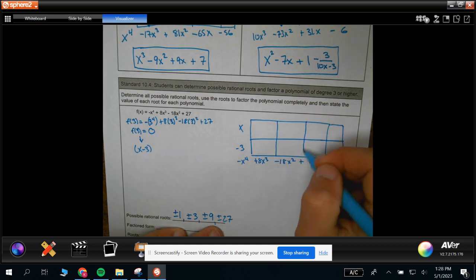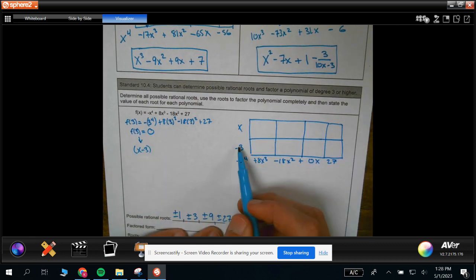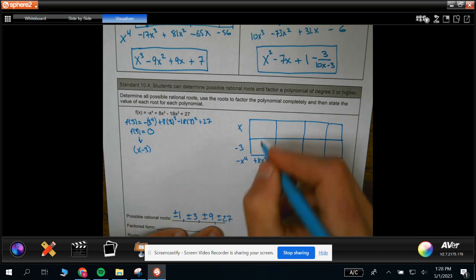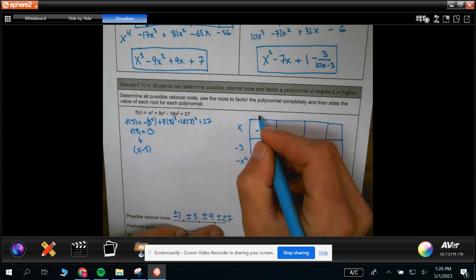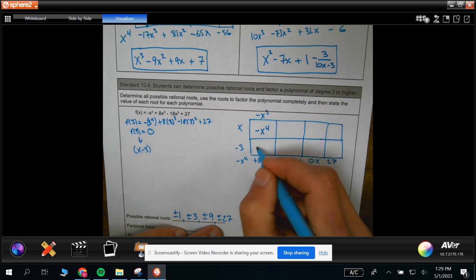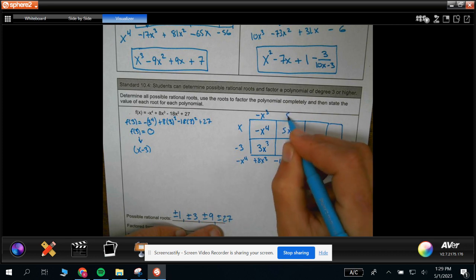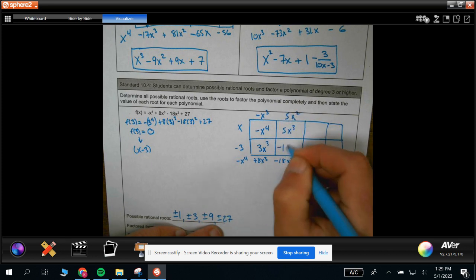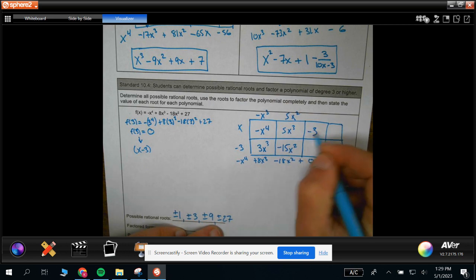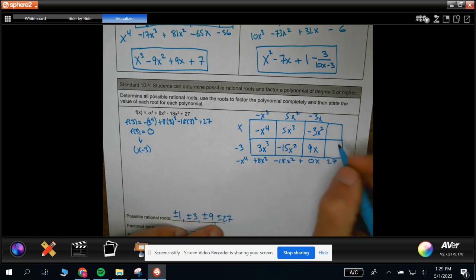Now, if I did this right, and 3 is a root, which means x minus 3 is a factor, there should be no remainder. Let's see if we can get this to work. This needs to be negative x to the 4th, makes this negative x cubed, which makes this 3x cubed. That means this needs to be 5x cubed, making this 5x squared, making this negative 15x squared, negative 3x squared, negative 3x, 9x. That means this needs to be negative 3 because I need to cancel out the 9x, which means this is negative 3 times 3 is 9.